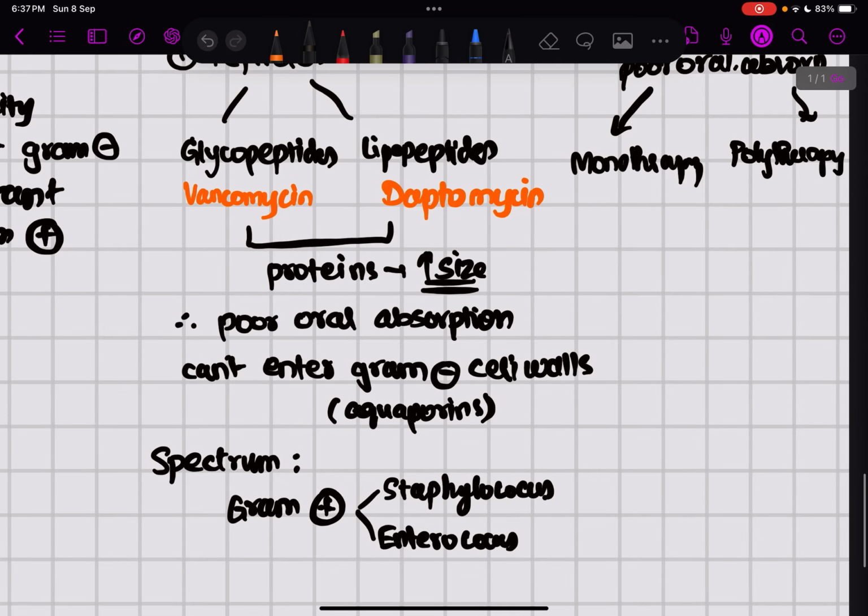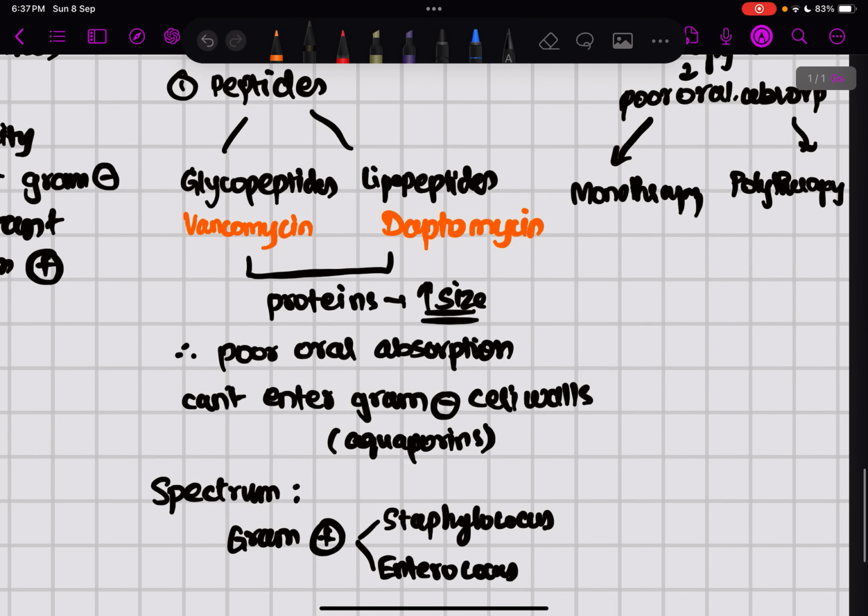When used in monotherapy, it is only for gram negative aerobes. For polytherapy, we can use it against both gram positive and negative.